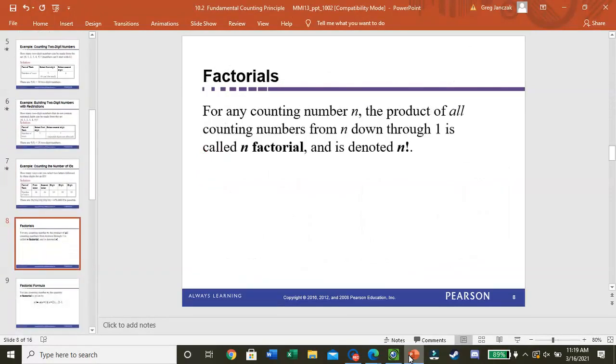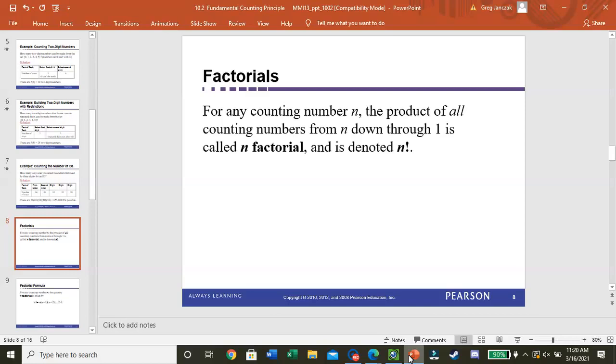Okay, factorial. Factorial is a number of ways of counting numbers down through 1. So in other words, 5 factorial would be 5 times 4 times 3 times 2 times 1.